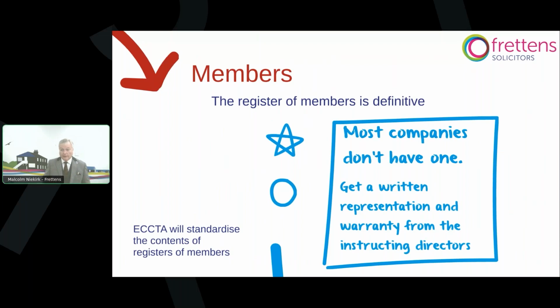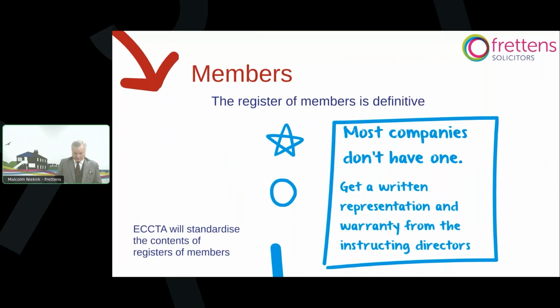As you know, most companies do not comply with their statutory obligation to run a reliable register of members. So I think what many insolvency practitioners do in a situation like this, where they need to get winding up resolutions passed, for example, is to get a written representation and warranty from the instructing directors that gives written confirmation that you are entitled to rely on as to who the shareholders are and how many shares they have got.